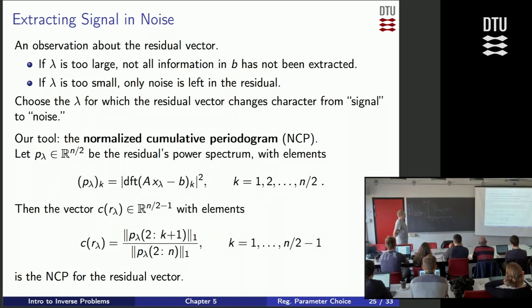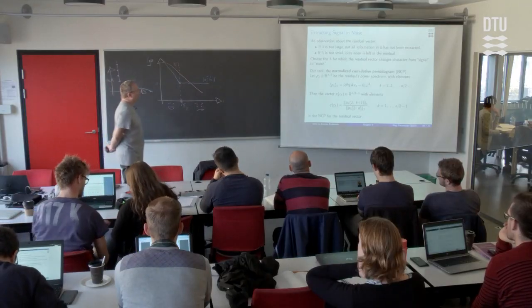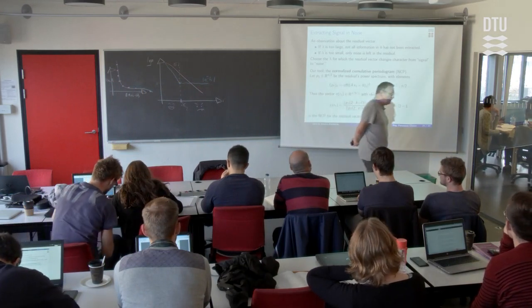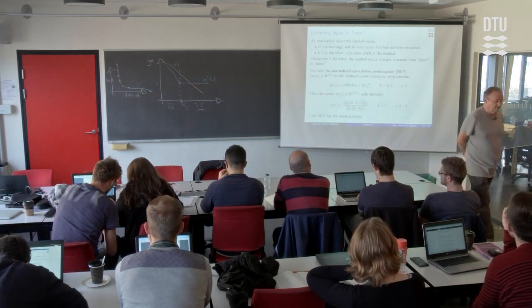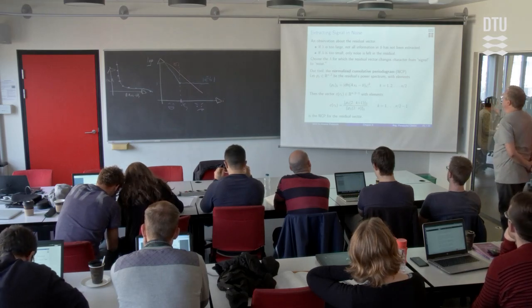So let's see what happens if we have a large regularization parameter lambda, that would correspond to a small value of our truncation parameter in truncated SVD. That means that we have only extracted some of the information available in b, but we have not extracted all the information from b that is actually available, right?